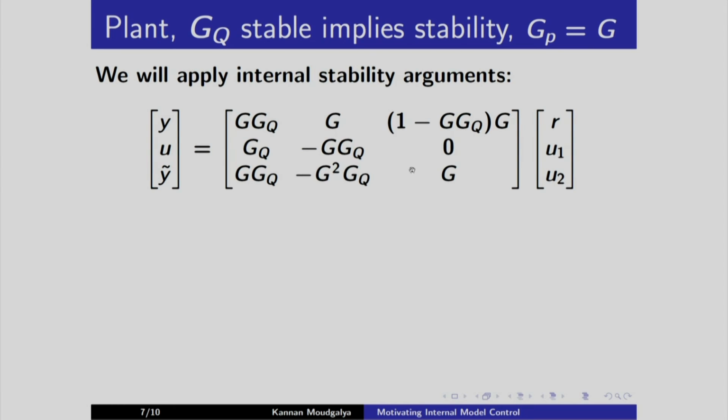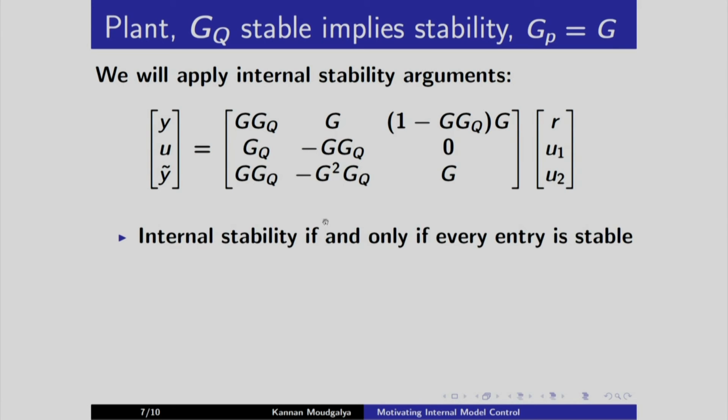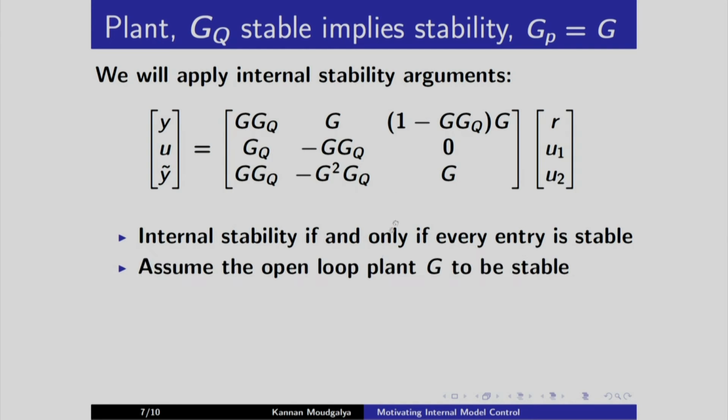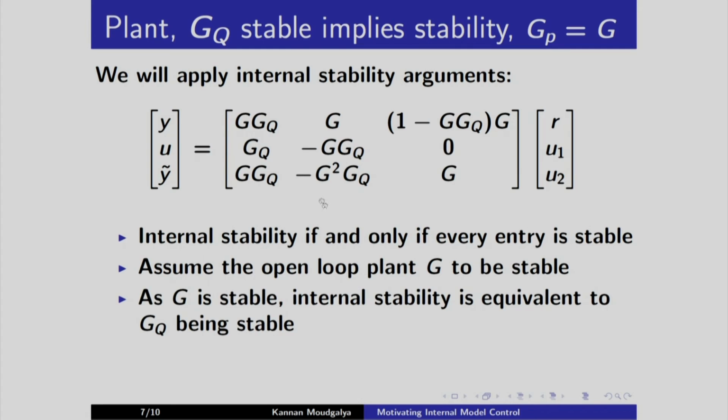So here is the transfer function that we obtained in the previous slide. The system is internally stable if and only if every entry in this matrix is stable. Assume that the open loop plant G or Gp to be stable. Remember Gp equals G. Now G is stable.